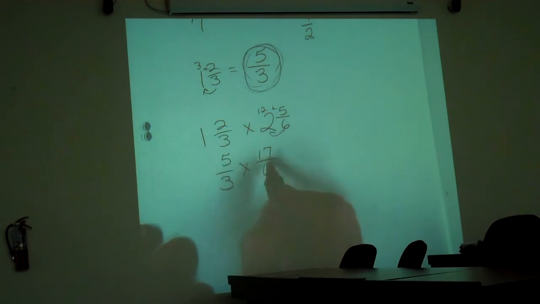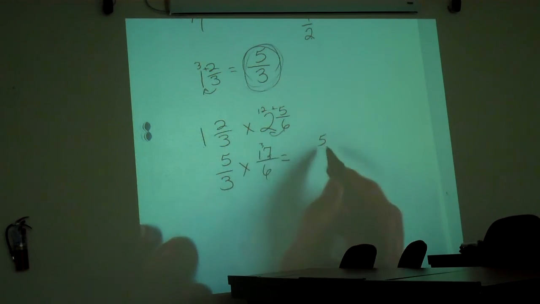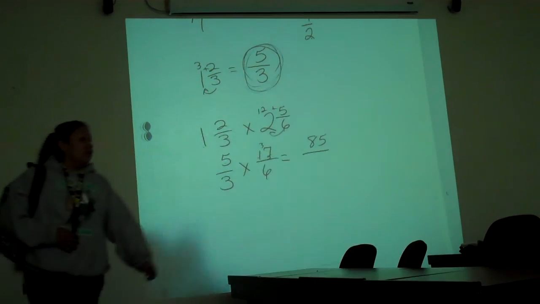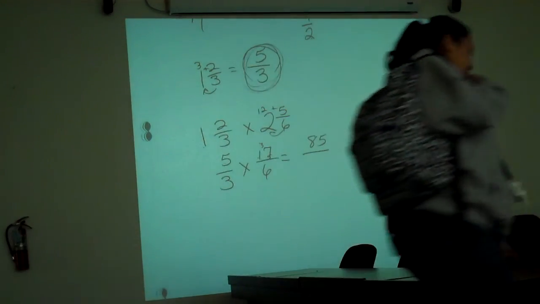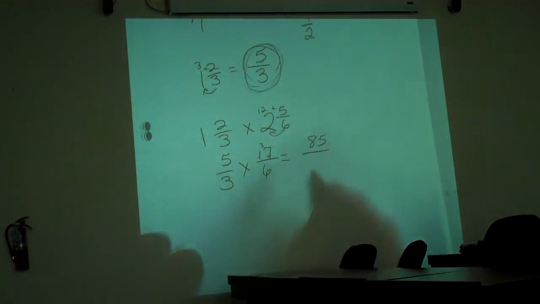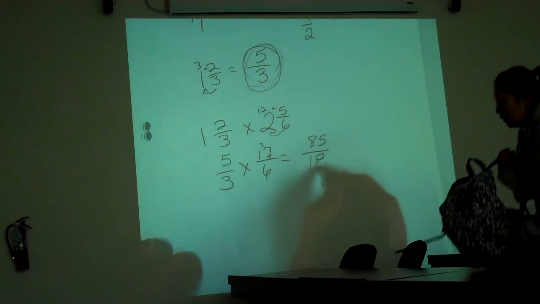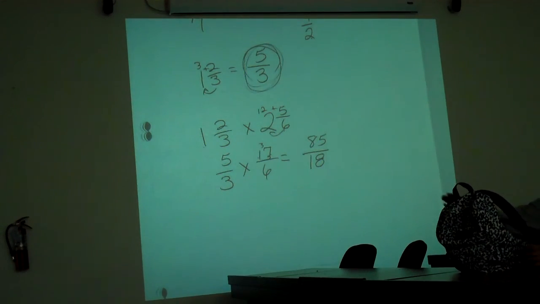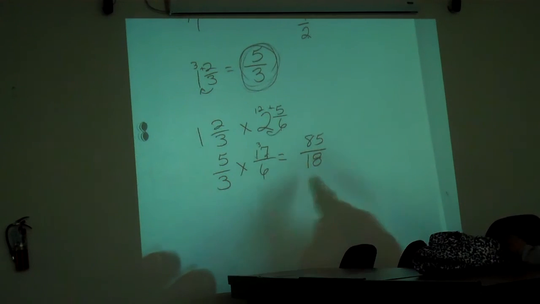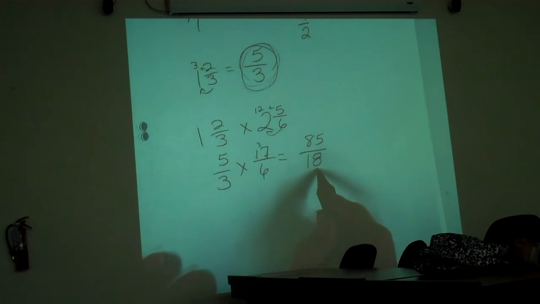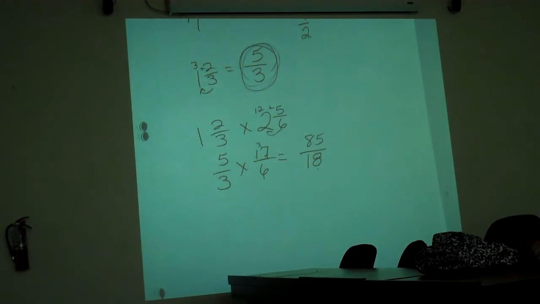So do 5 times 17. 5 times 7 is 35, and then 5, 6, 7, 8. So 5 times 17 is 85. And then 6 times 3 is 18. Okay. So this would be your answer, but don't leave it improper.